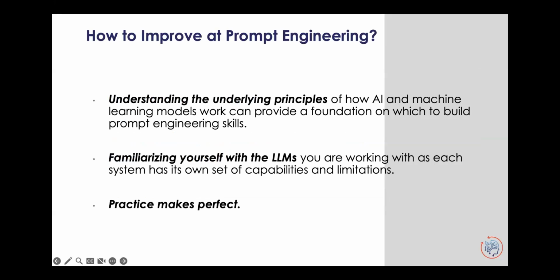First of all, I guess the basic tip is that you need to understand the underlying principles of how AI and machine learning models work, just to give you a better idea. Also, try to familiarize yourself with what LLMs are, especially the ones that you're working with, and understand their capabilities and limitations. And finally, practice makes perfect, right? It's still new, it's growing, it's new to a lot of people. So the more you interact with it, the more you're going to learn from that, like everything else.